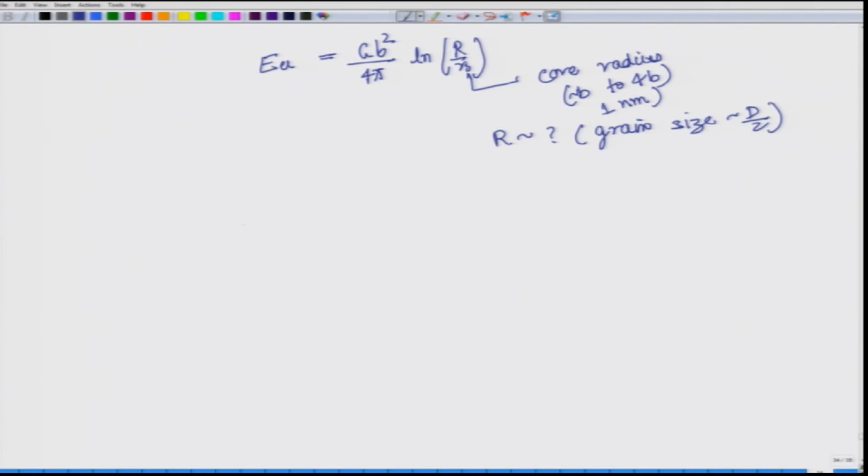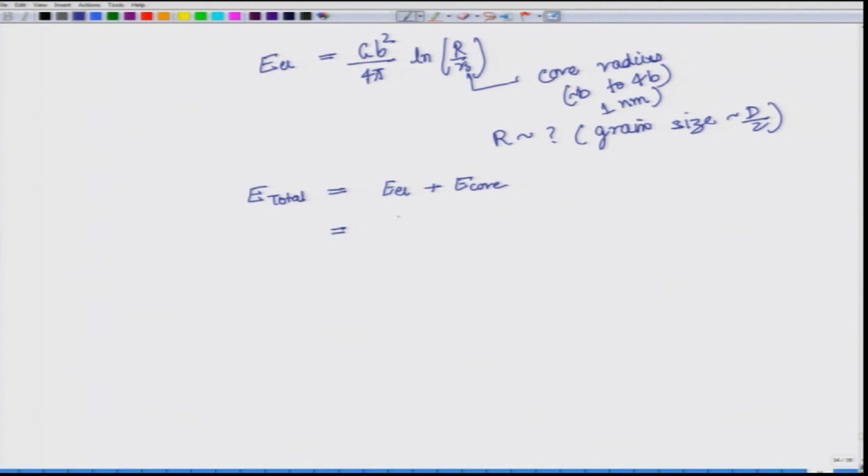So, this is the elastic energy component, but if you want the total energy component, what would you need? You would need E elastic plus E core, right. But E core, how do we know E core? We do not know.